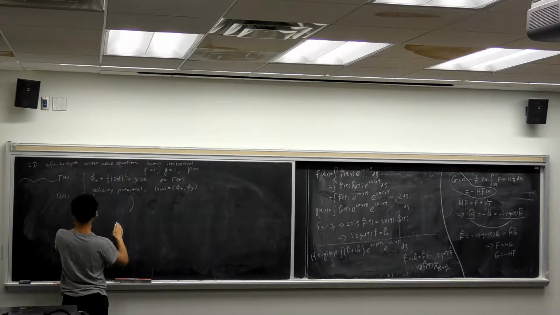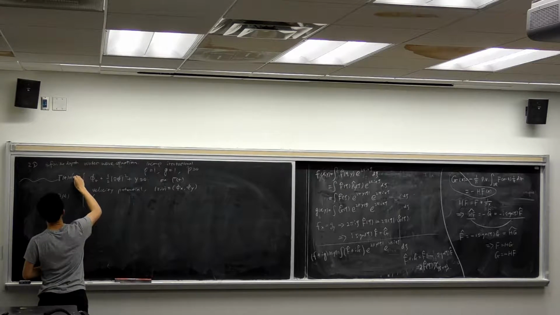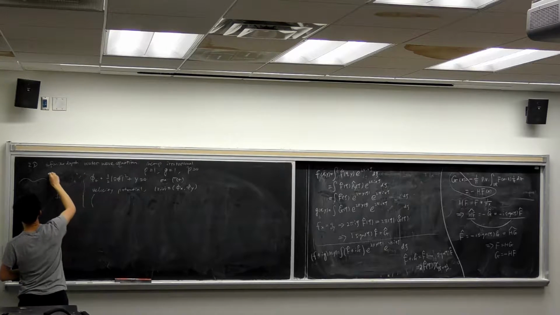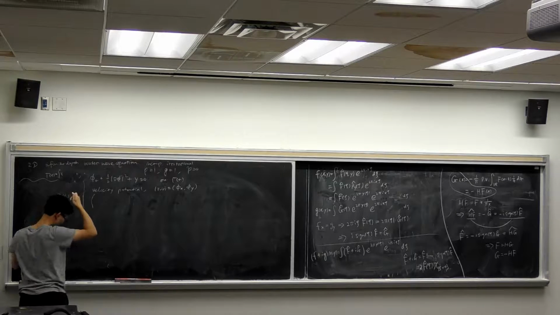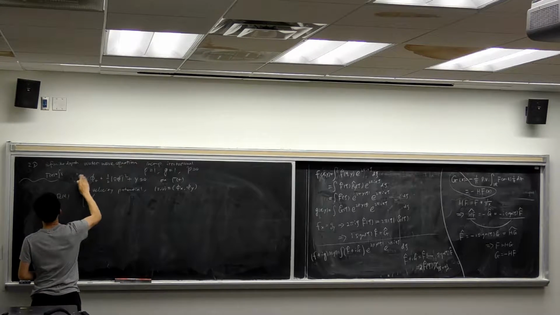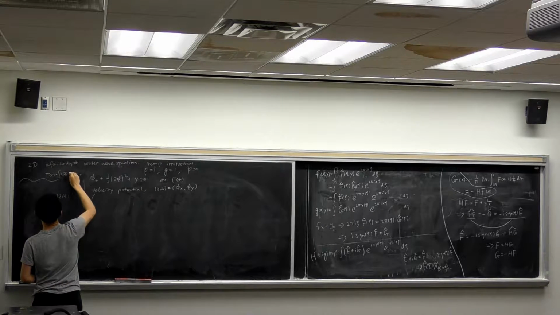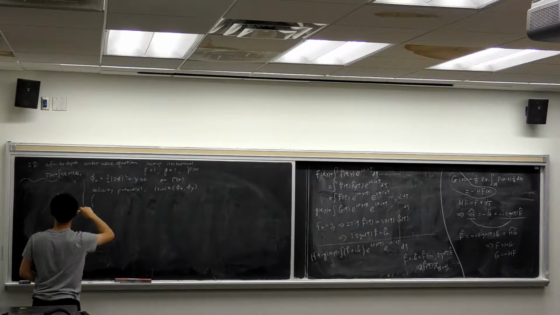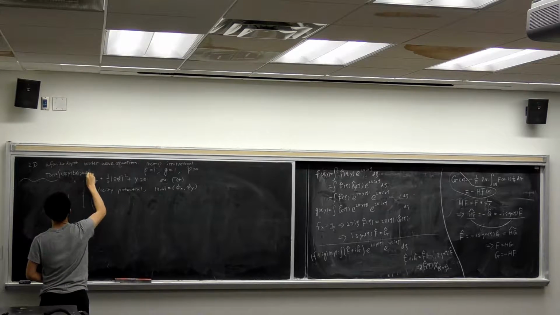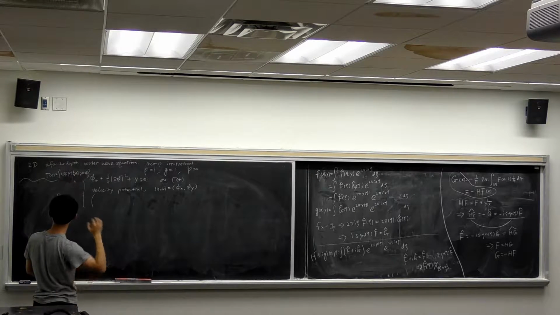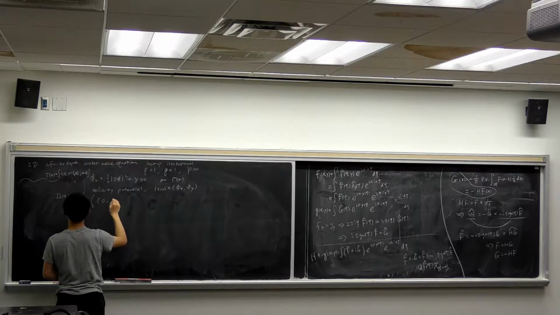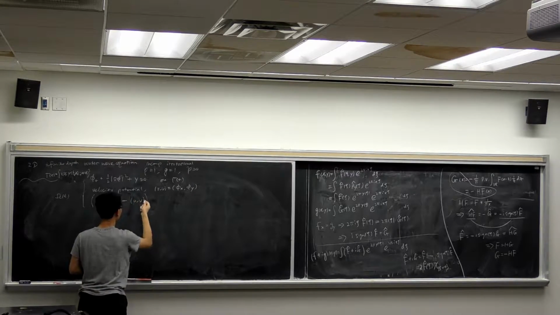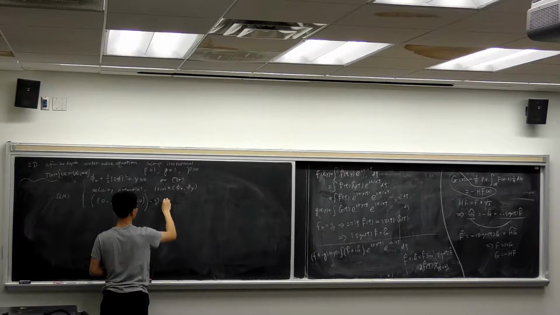So that means if this is (x(t), y(t)) equals the velocity of (0, y(t)), and the velocity on the boundary, let's use (u, v), times the normal on the boundary should be 0.